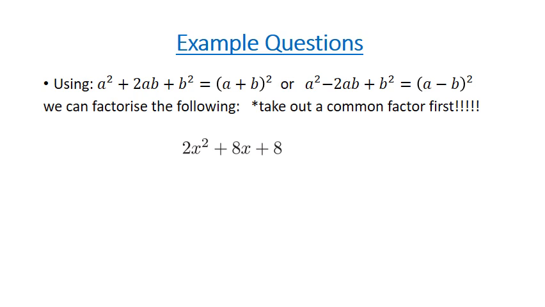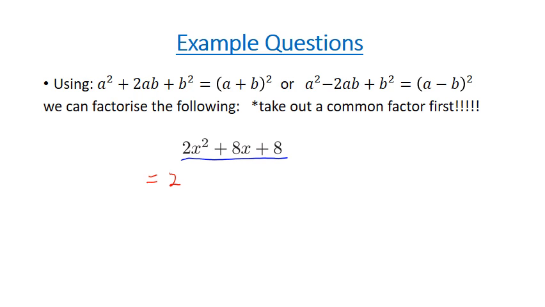If you get something like this, where you may not be able to find the perfect square root of a term, you can take out a common factor first. Alright, we always try and take out a common factor when we can. If this is my expression, 2x squared plus 8x plus 8, I can actually take out a common factor of 2.